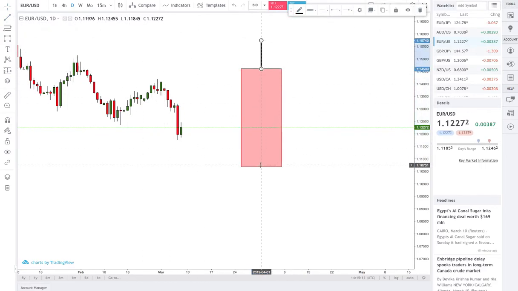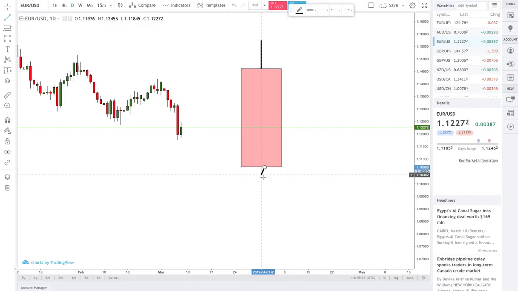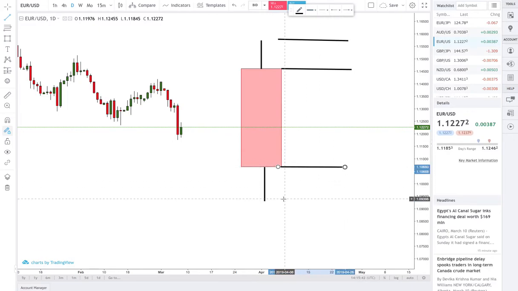You have a wick at the top and a wick at the bottom. And we're going to mark these up so you can get a better idea of how this goes. So here would be your open. This will be your high. This would be your low or your close. And this would be your open.